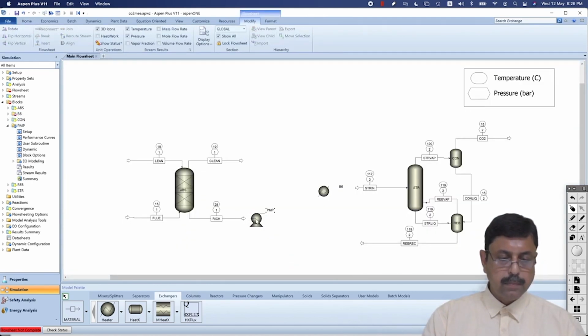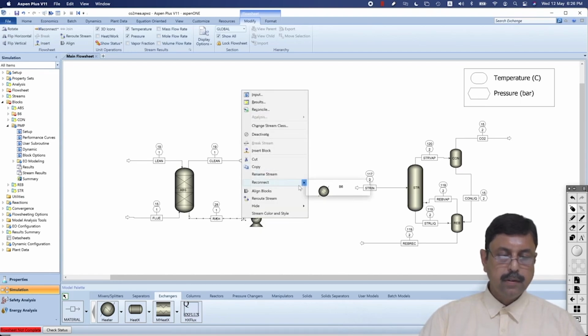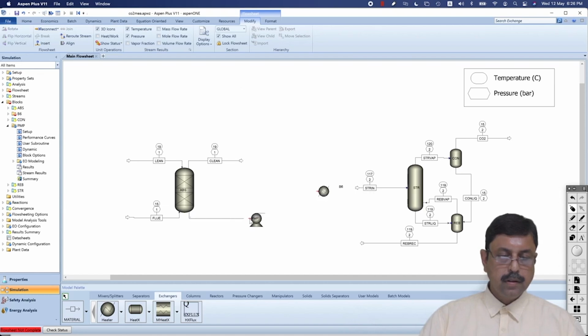So we write it as pump, PMP, and we connect this to the outlet of the absorber.